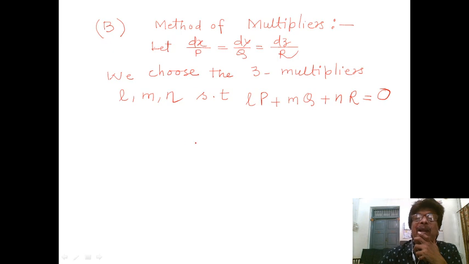Why deliberately do we choose this LP plus MQ plus NR equal to 0?